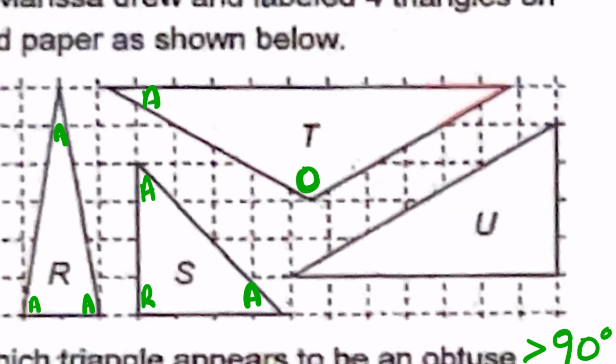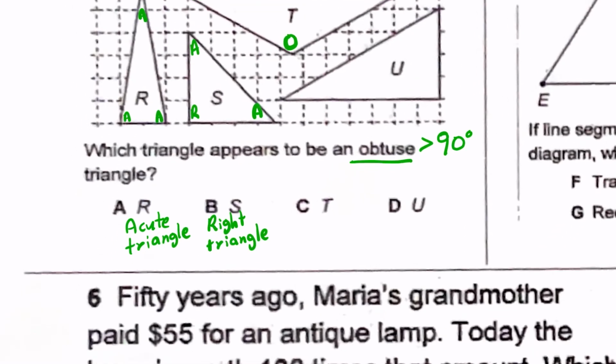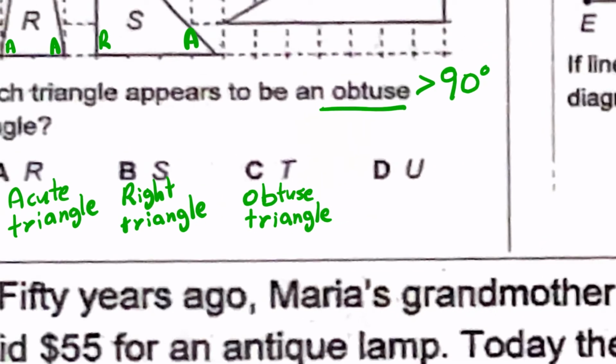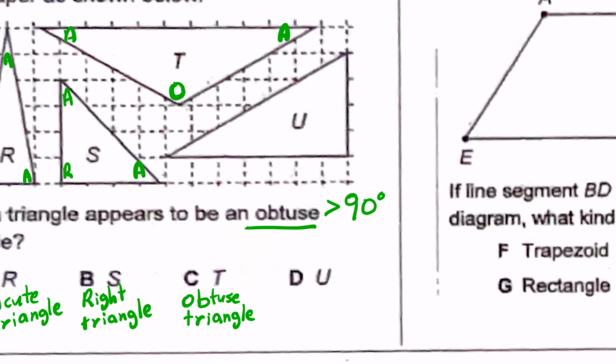Over here, you have an acute angle. So the triangle that you have here is an obtuse triangle. Which is what you're looking for, but we still need to identify the last triangle.